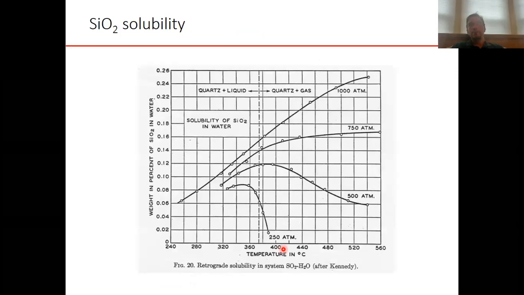Now in practice, the autoclaves are operated at fairly high fill rates of 80 to 85%. So why is that done?